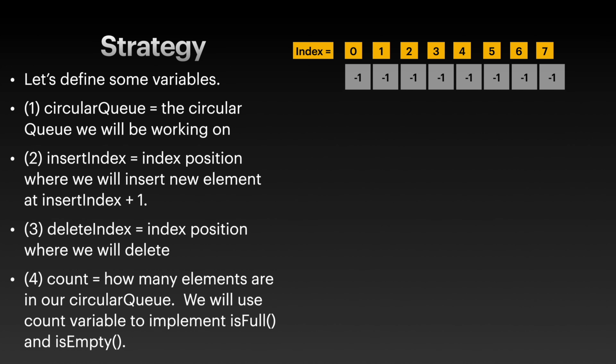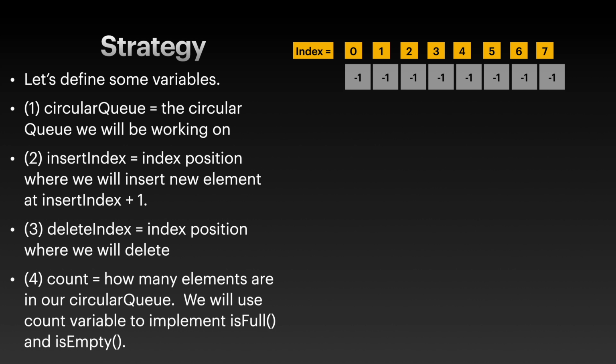I would say the first thing we have to do is come up with a few variables. Obviously the circular queue will be the queue that we will be building, and then we have insert index and delete index. Insert index will be the index position where we will insert a new element, at insert index + 1. Delete index will be the index position where we will delete.